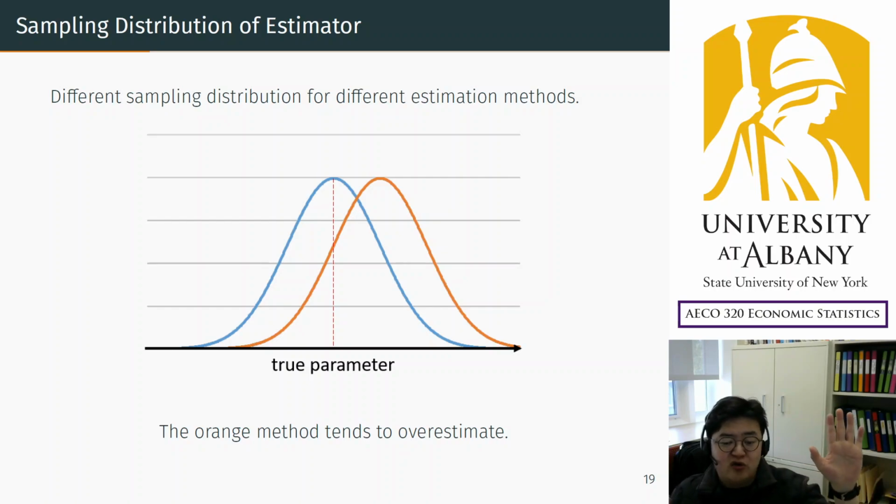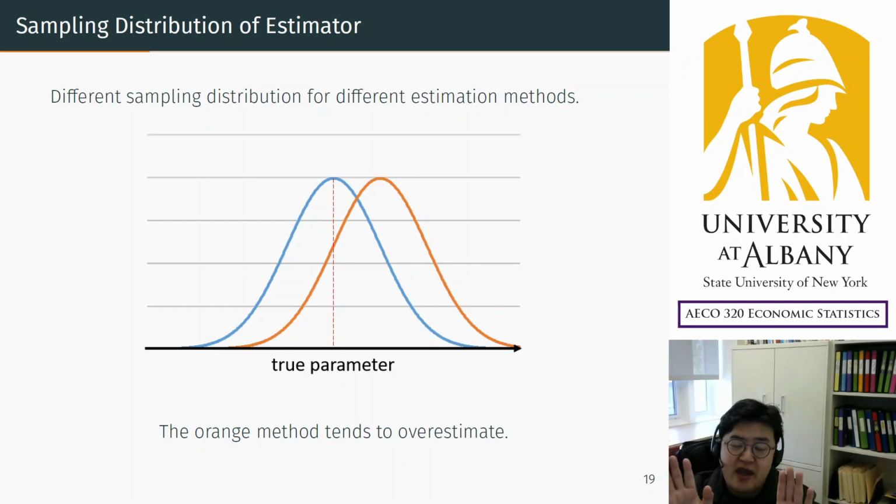When you are comparing two estimators and you'd like to decide which is better, for each estimator you have to think of its sampling distribution. Two estimators may have different sampling distributions, and we are comparing those sampling distributions. That is the main point.